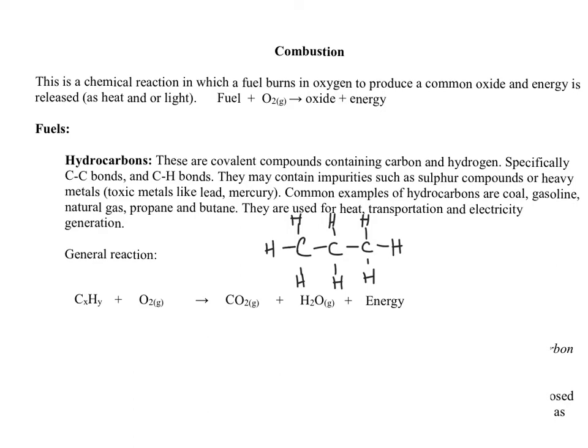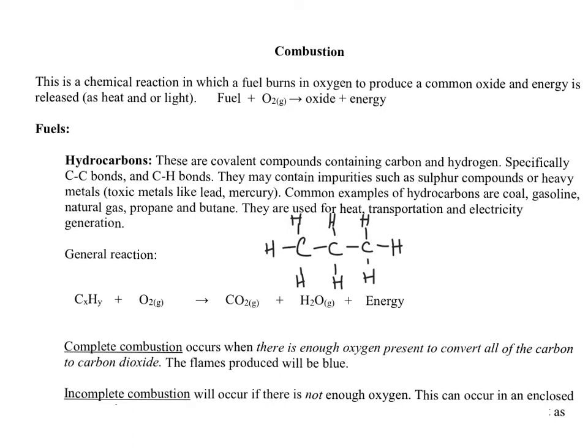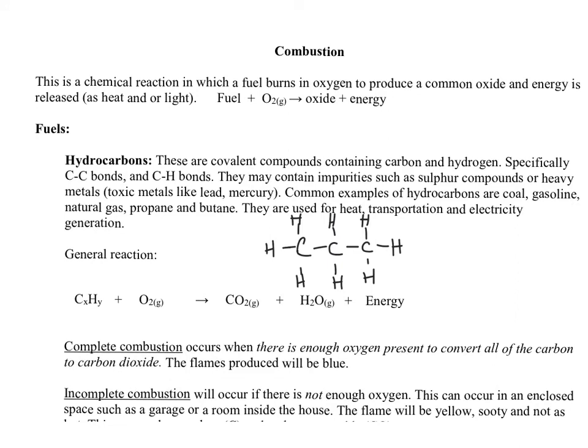This is not a balanced chemical equation because we don't know how many X's and Y's we have. We don't know how many carbons and oxygens we have. So, complete combustion happens when there's enough oxygen present to convert all of the carbon to carbon dioxide.